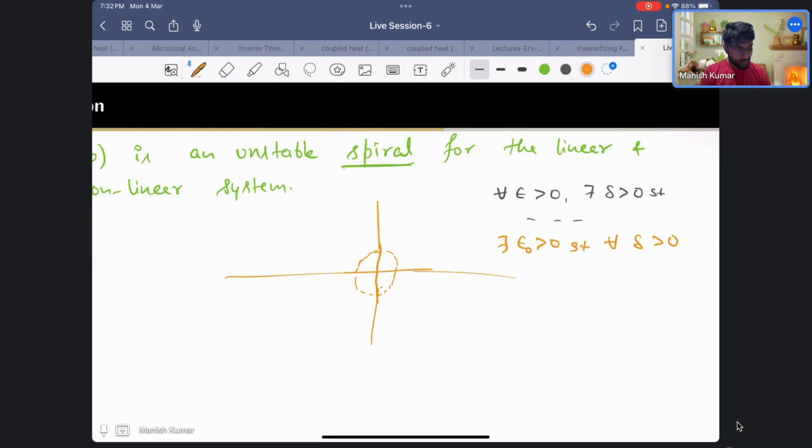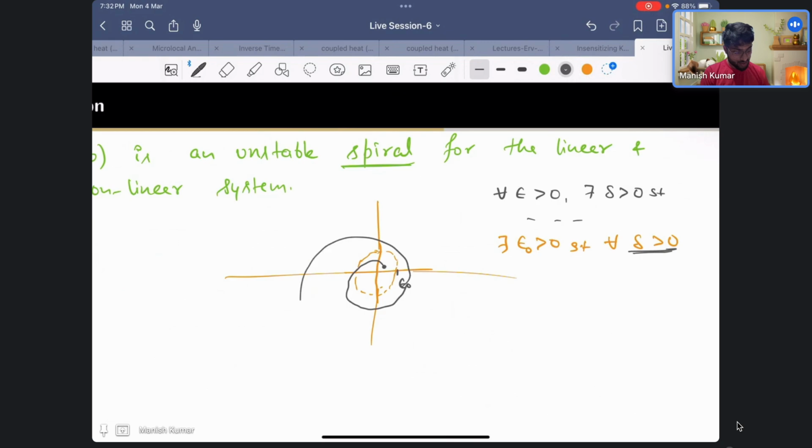Whatever delta you choose, delta being the ball where you can choose the initial data, whatever initial data you choose, the solution will never stay in this epsilon neighborhood. So it will always go away from this, right?